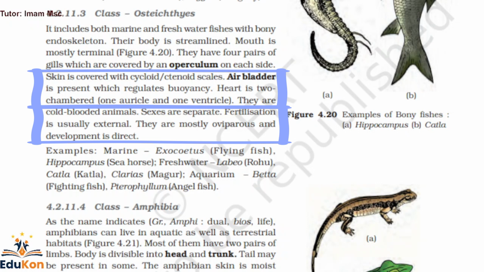Examples are marine Exocoetus, that is flying fish, Hippocampus, which is seahorse, freshwater Labeo rohita, Catla and Clarias magur, and aquarium fish Betta, that is fighting fish, and Pterophyllum, that is angelfish.